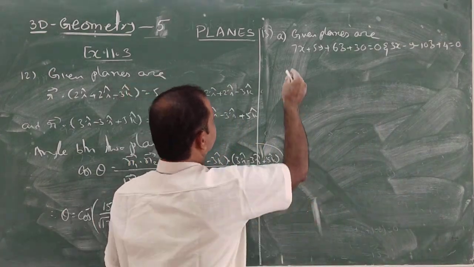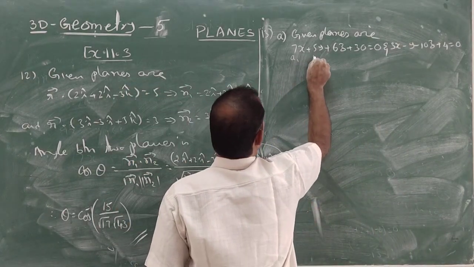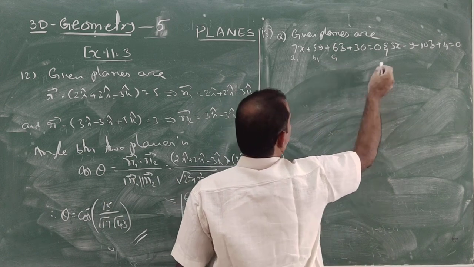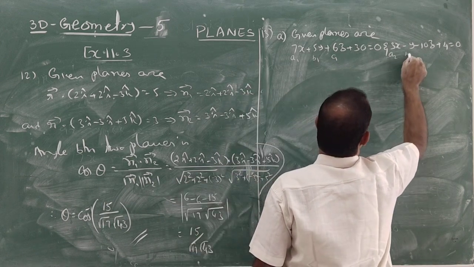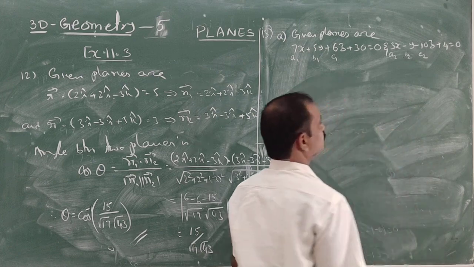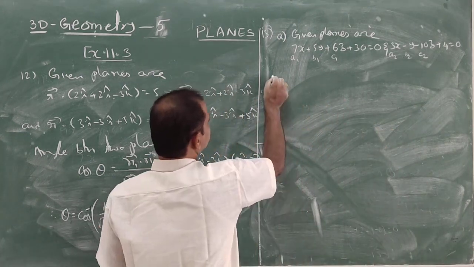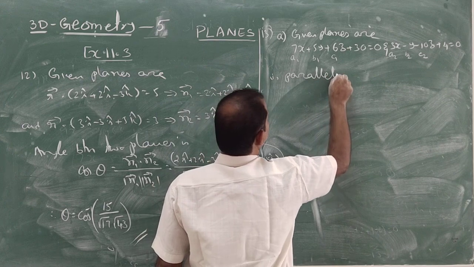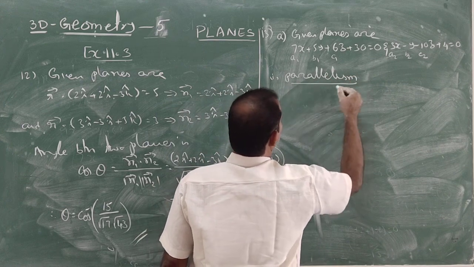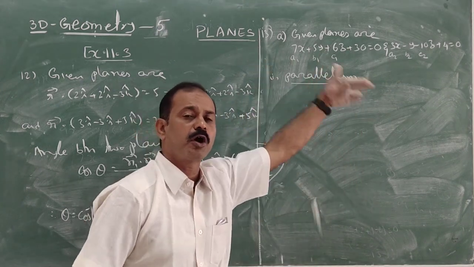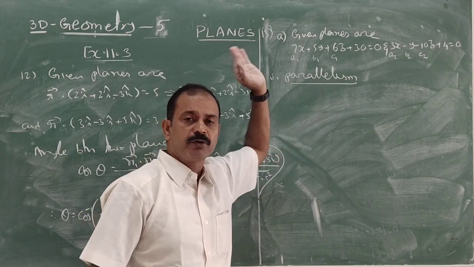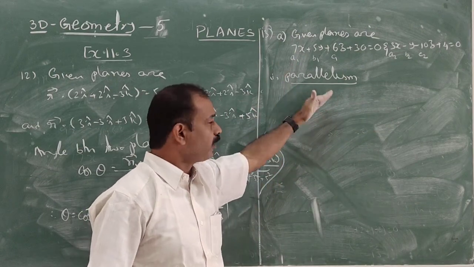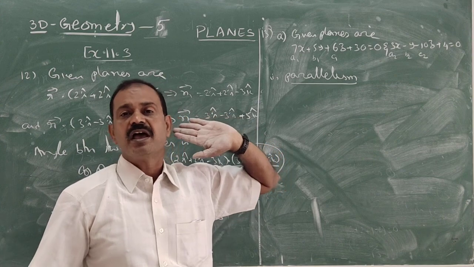In this, A1, B1, C1, A2, B2, C2. To check parallelism, what you have to do? If they are parallel, you have to stop there. If they are perpendicular, you have to stop there. If not, then only you have to go for the angle.